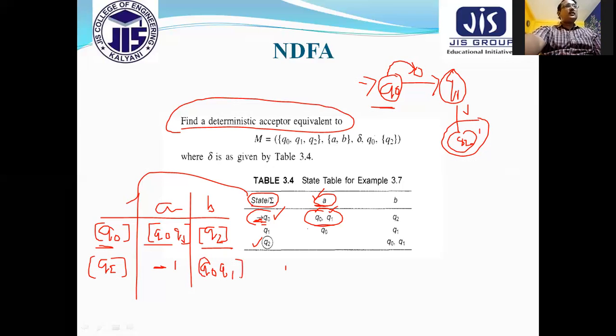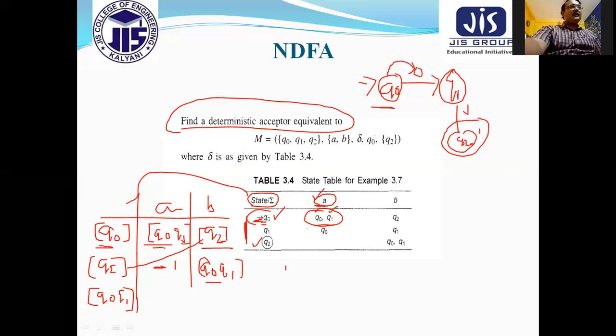Now this one is already included here, but this one and this one are not included. So the next step will be your Q0, Q1. But the problem is that Q0, Q1 is not defined in this part.